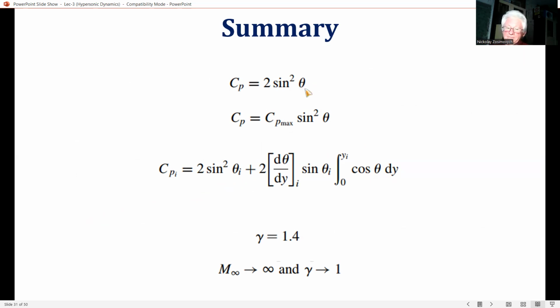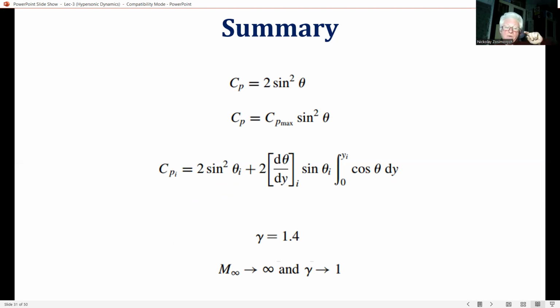The methods discussed were, first of all, the straight Newtonian method, which yields this first expression, Cp proportional to sine squared theta. Second, the modified Newtonian method, which states Cp proportional to Cp maximum times the same sine squared theta. And third, the Newton-Busemann method, which takes into account the centrifugal force correction.